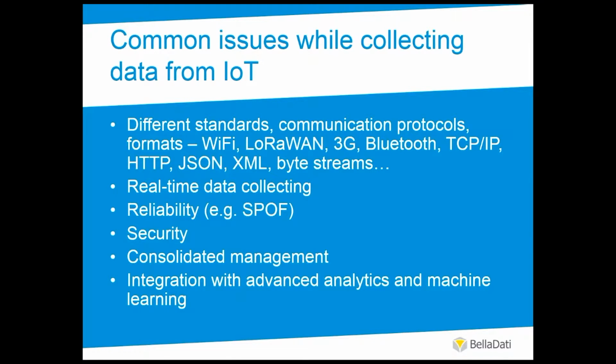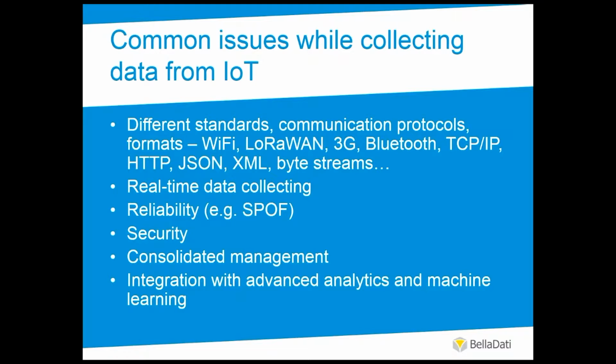The biggest problem here is that there are different standards, different communication protocols, and of course different formats. Sometimes the sensors are connected over Wi-Fi. Sometimes they are using LoRaWAN, which is long-range wide area networks. The smartphones are usually connected via GSM, via 3G or 4G LTE. Then we've got Bluetooth devices, which are connected via phones or via Bluetooth adapters.